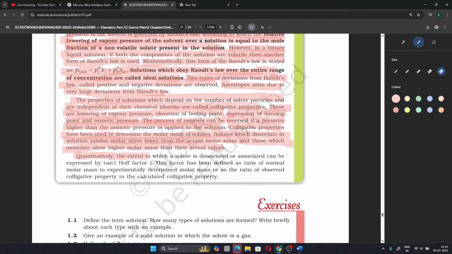Quantitatively, the extent to which a solute is dissociated or associated can be expressed by the van't Hoff factor, that is i. This factor has been defined as the ratio of normal molar mass to experimentally determined molar mass, or as the ratio of observed colligative property to the calculated colligative property.